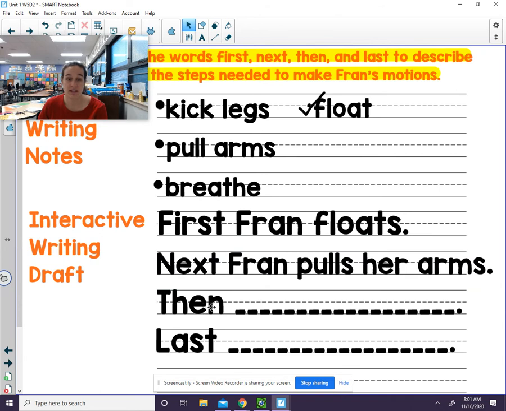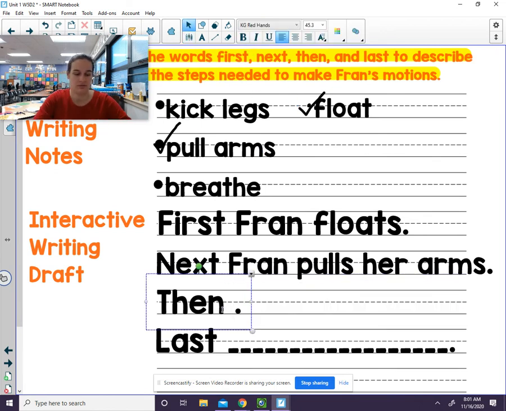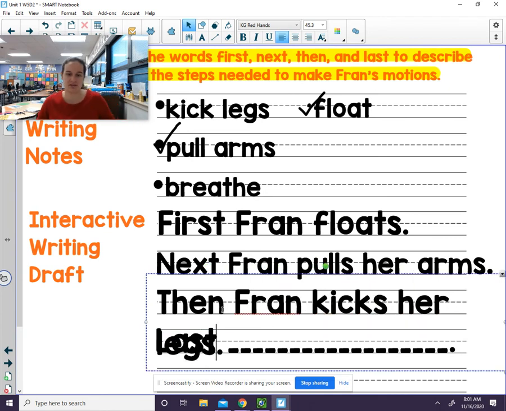Good. Now we're going to think of the next. Then what does she do? I'll mark off that she pulls her arms. Well, next, Fran kicks her legs. So then Fran kicks her legs.